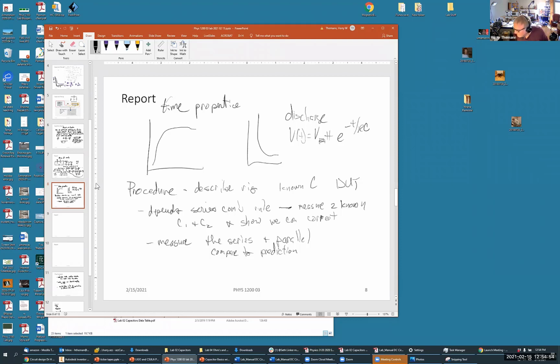And then you need to talk about the experiment, not step by step by step. You just say, look, we set up this circuit and we press the button to take a measurement of the voltage. So you had two challenges. The voltmeter reading decayed.